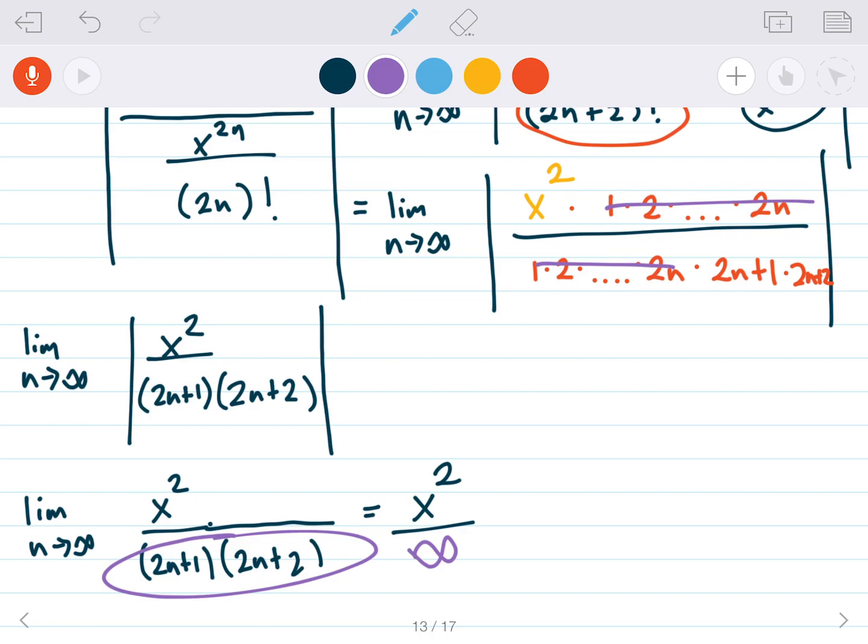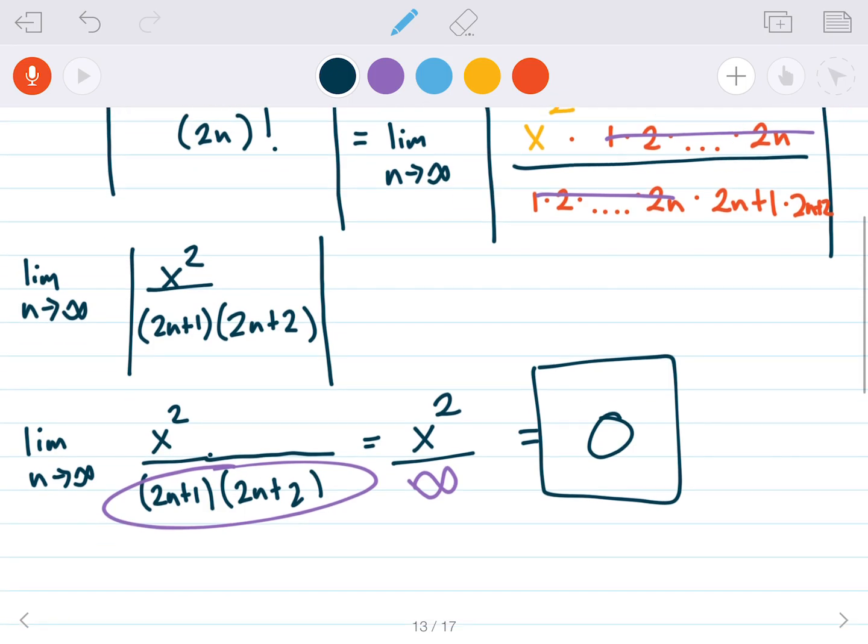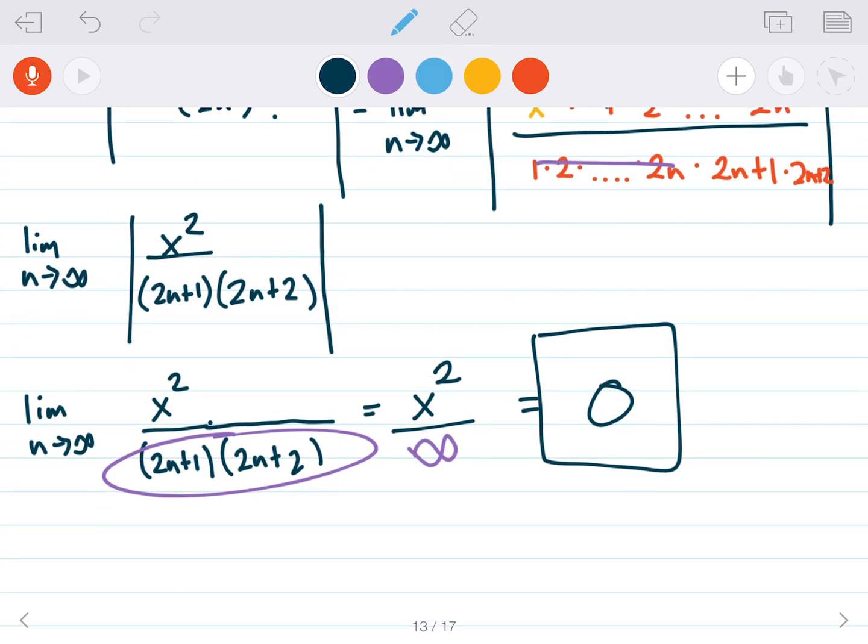Well, we know that it goes to 0. For all x. There's no x value where this isn't going to equal 0, because remember, we can't plug in infinity for x. We're plugging in a fixed number, and infinity is not a fixed number. So this thing is always going to be 0.